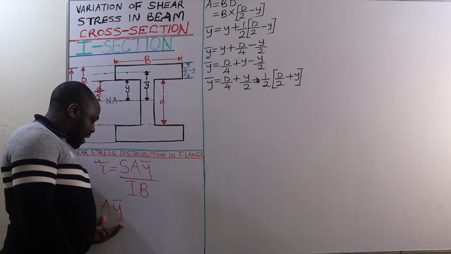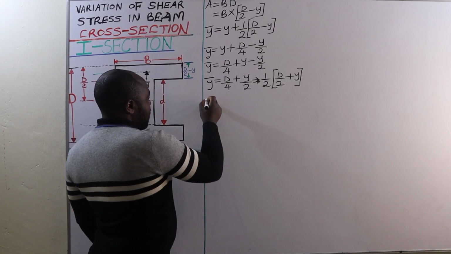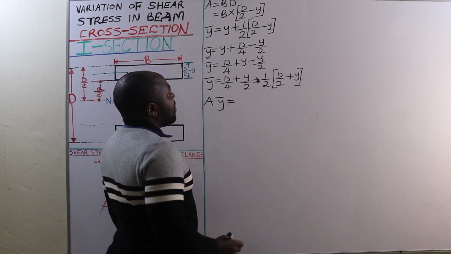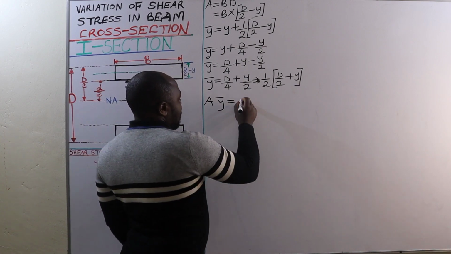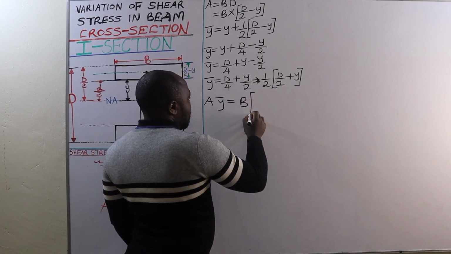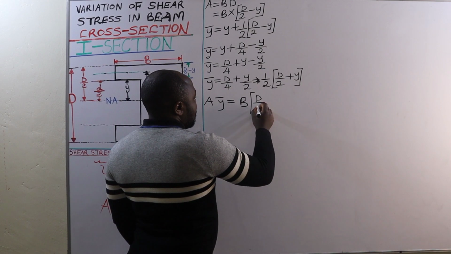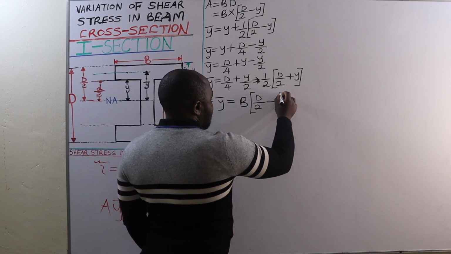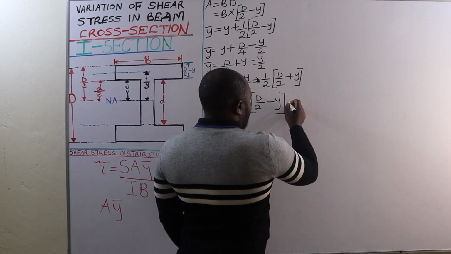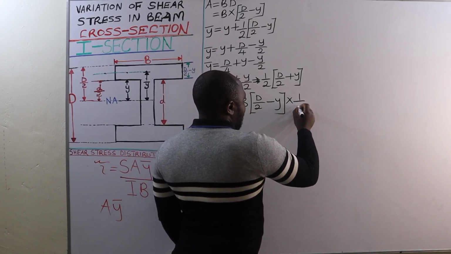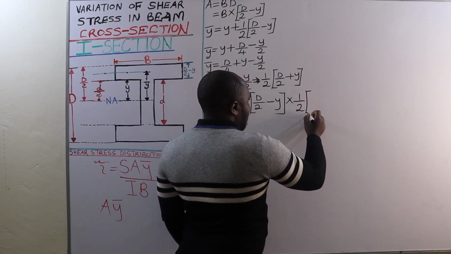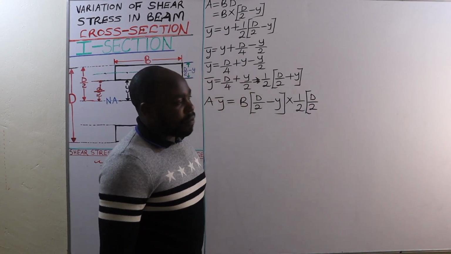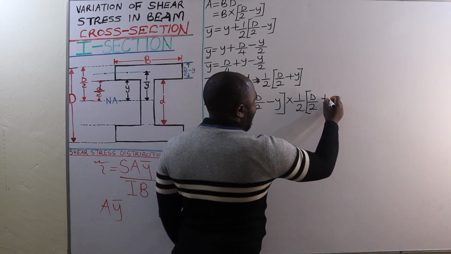Now, combining the two together, or multiplying A times bar y. Therefore, A times bar y is going to be A, which is B into D over 2 minus y, multiplied by bar y, which is a half into D over 2 plus y.